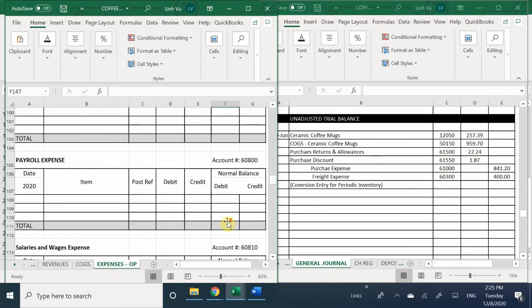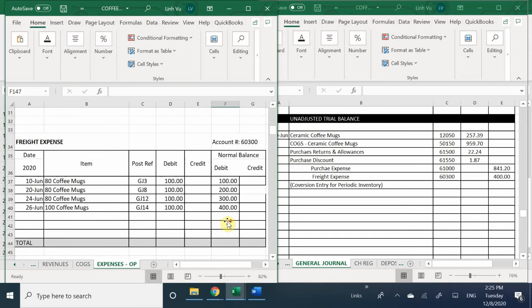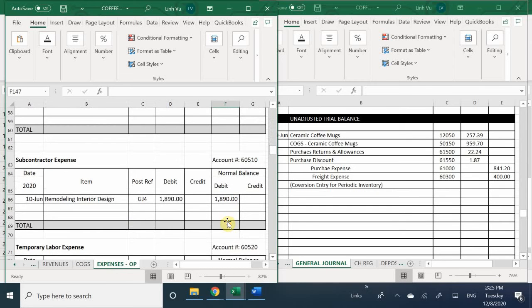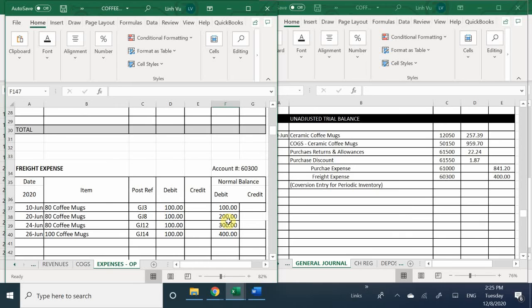Ready? Yep. Now, last but not least, we're going to go all the way up to our freight expense. I think I missed it. Freight. Yes, here it is. 630, conversion entry.